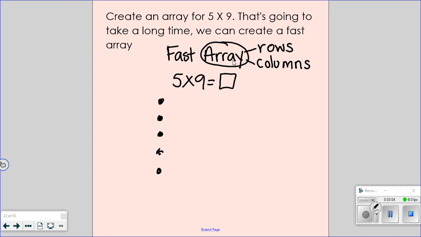So 1, 2, 3, 4, 5, 6, 7, 8, 9. That's long. Now, we know in an array, there would be the rest of that filled in. Right? But instead of drawing all that, I want you to use your laser vision and imagine it drawn in for you.